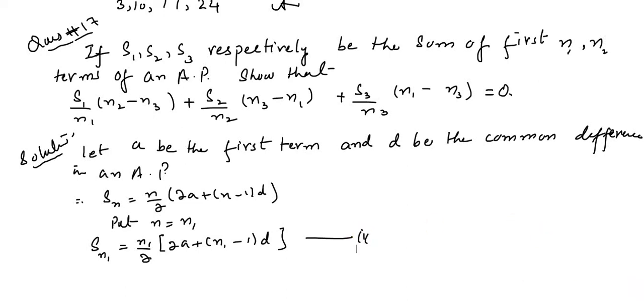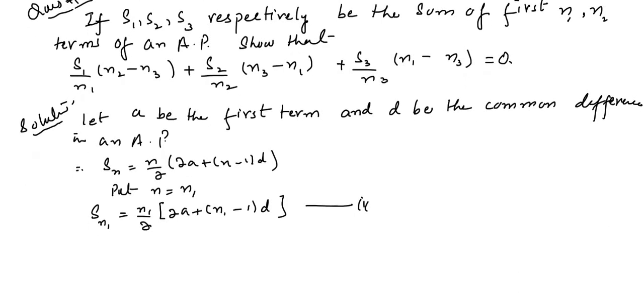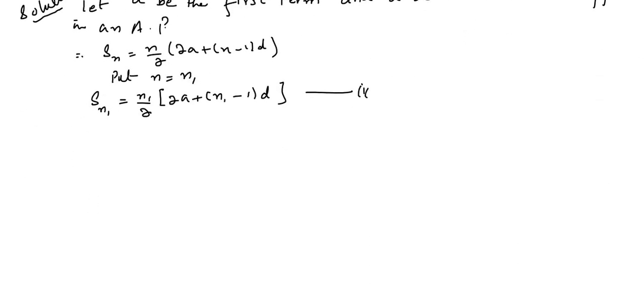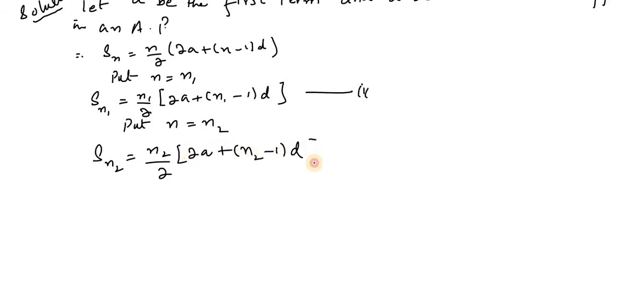Similarly, for Sn2, put n is equal to n2. So Sn2, which is S2, is n2 upon 2 times (2a plus (n2 minus 1) D).